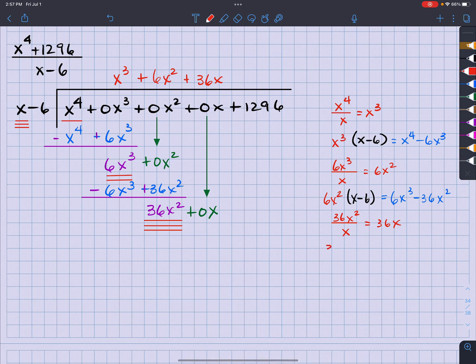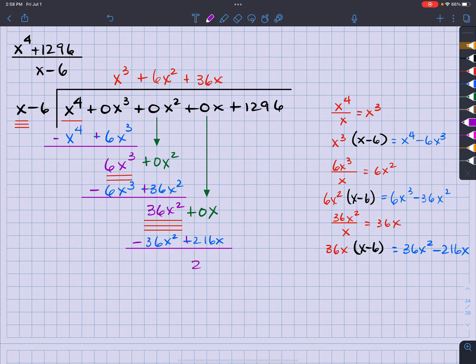Then I take that 36x and multiply by x minus 6, and I get 36x squared minus 216x. Let's transfer that over here: 36x squared minus 216x. Then flip the signs and add.